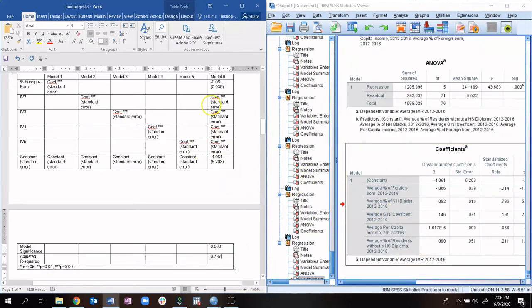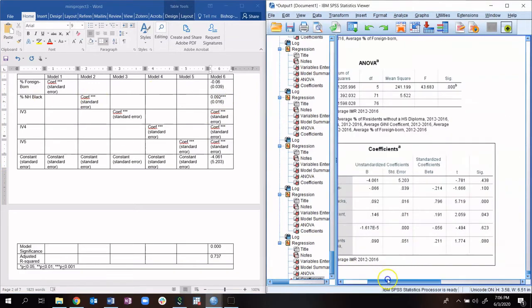Let's get the rest of these coefficients in here. IV2 was the average percent of non-Hispanic Blacks. The coefficient was 0.092, and the standard error was 0.016. Okay, so we'll put percent non-Hispanic Black.